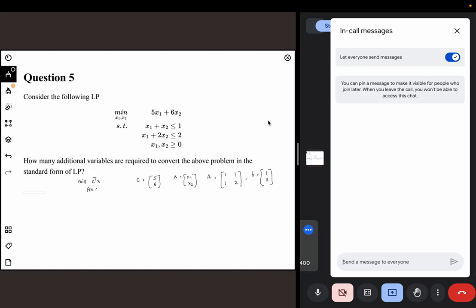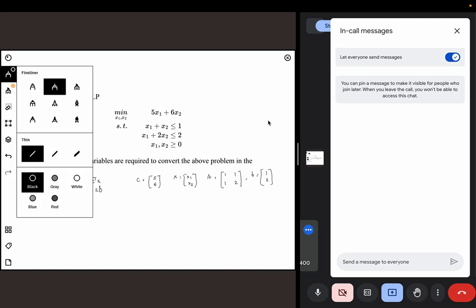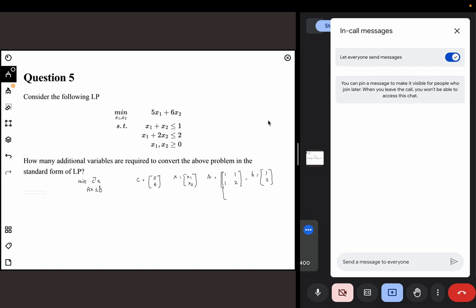So it should be Ax less than or equal to b. So my A matrix and b matrix should be expanded now. They will also have the other terms. This will be minus 1, 0, 0, minus 1, and we'll have those here. So I can write this entire set of equations in this particular form with these matrices: minimize C transpose x such that Ax less than or equal to b. So this is my polyhedron and this is my objective function. The polyhedron represents your feasible region, and I have to minimize this objective function in that feasible region.